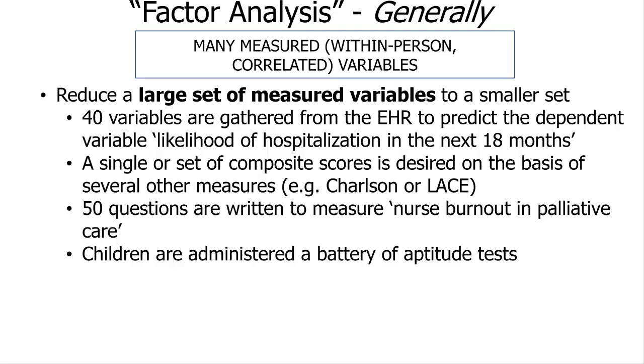For example, if at the individual level you had 40 variables from an electronic health record that you wanted to use to predict an outcome like likelihood of hospitalization in the next 18 months, you could use a factor analytic approach to try to reduce the complexity or number of those 40 variables down to a smaller number.